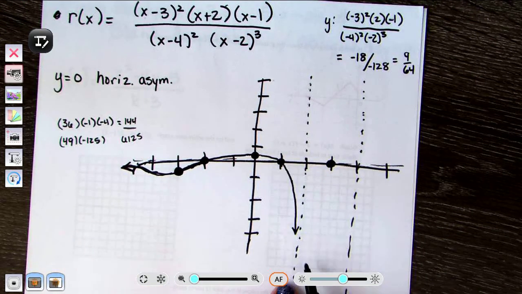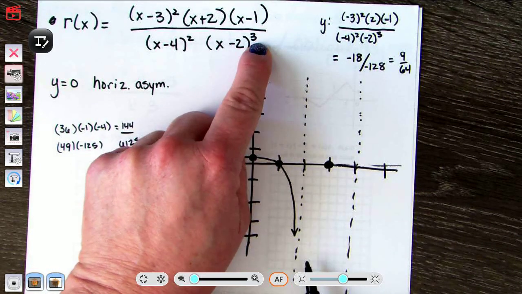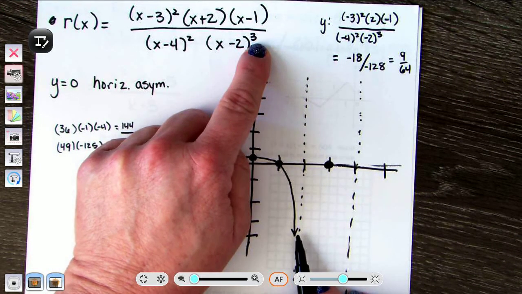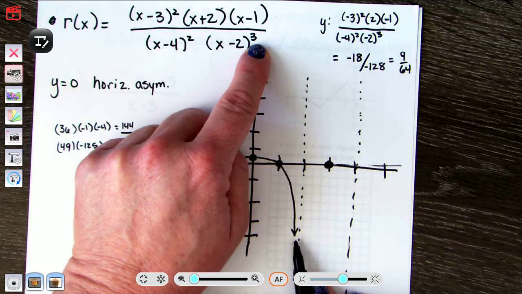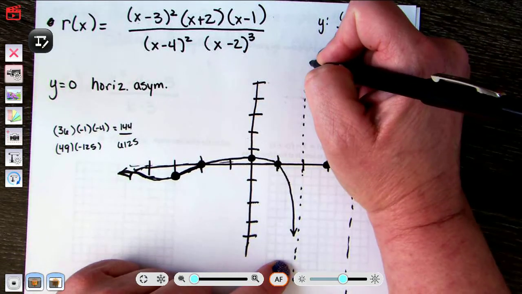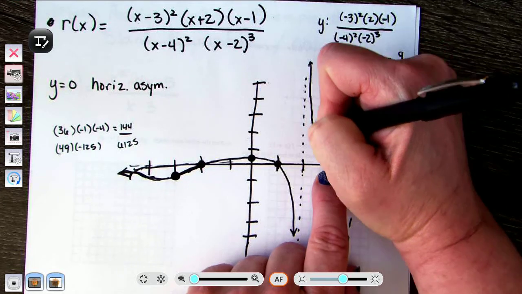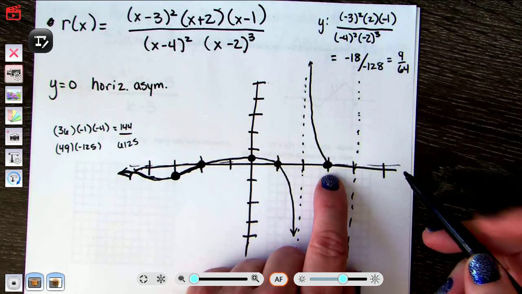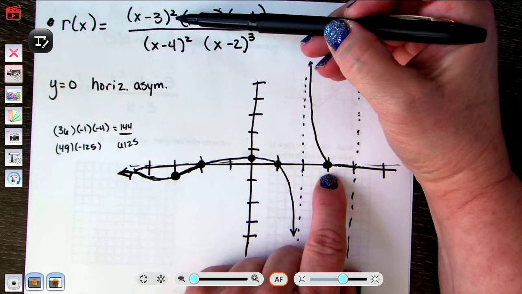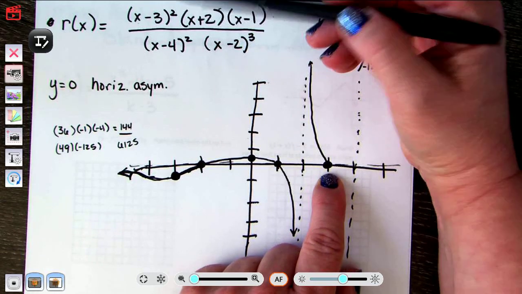This asymptote came from here, which is of odd multiplicity, which means I'm going to split. One's going to be positive infinity, the other side's negative infinity. So here we're on the negative side. Here we're going to be on the positive side. Coming up, I'm going to come down towards the 0. This 0 is of multiplicity 2, so it is going to behave like an x squared.